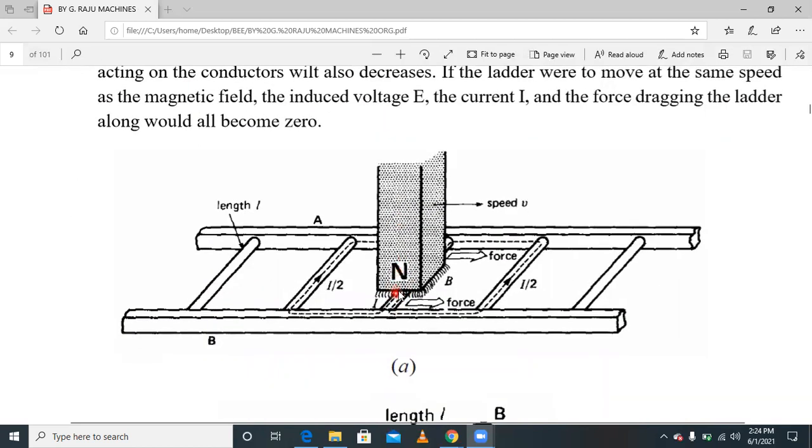Because of the relative speed between the stator permanent magnet and this ladder, E equals BLV according to Faraday's law, so EMF is induced in these rotor conductors. These are made of aluminum or copper.